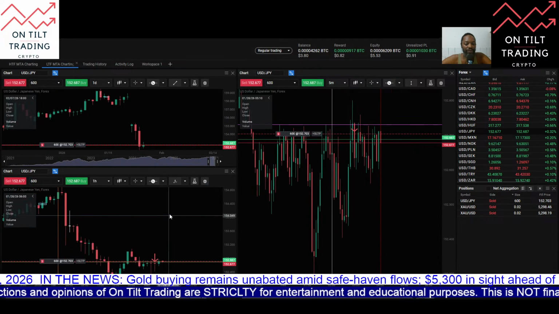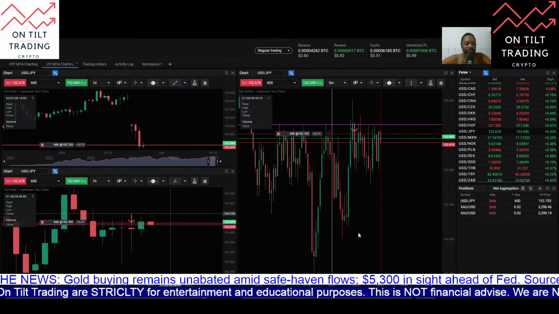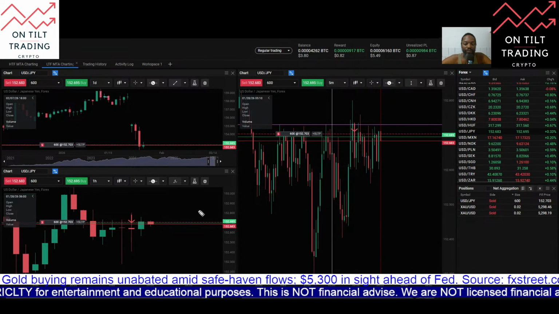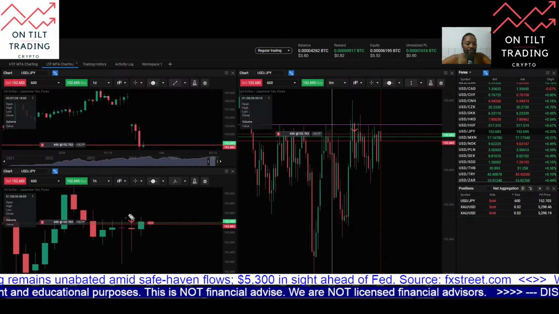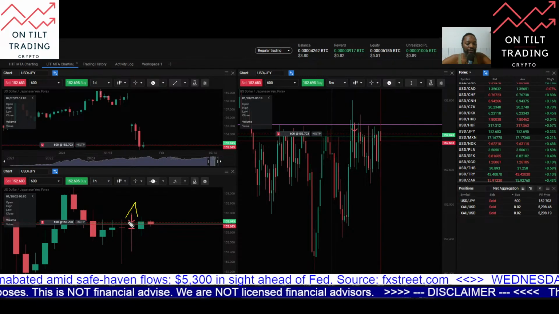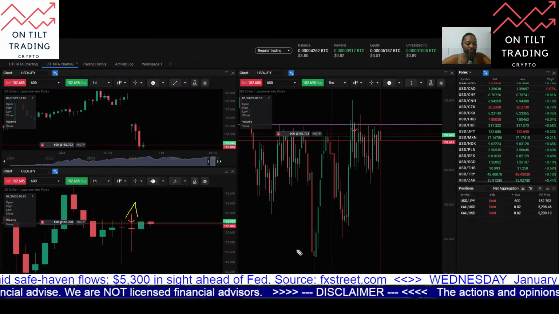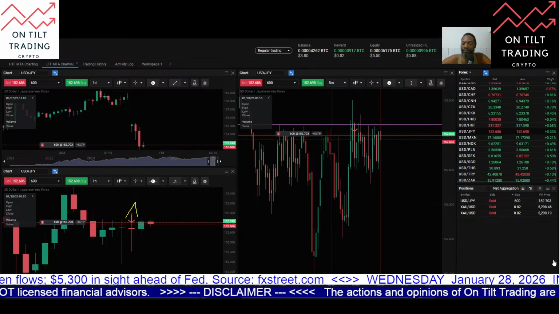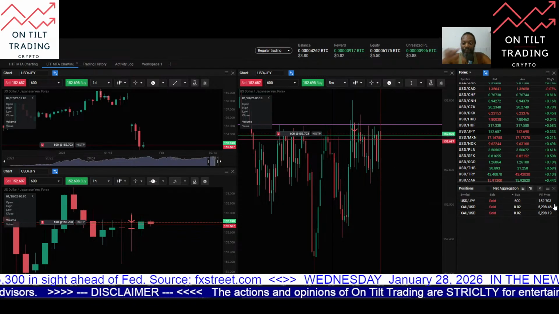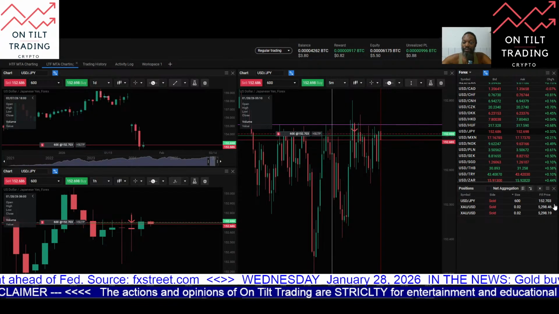Seeing some further sell side delivery here. Now with the new hourly candle close, we can confirm a swing high here on USD JPY.